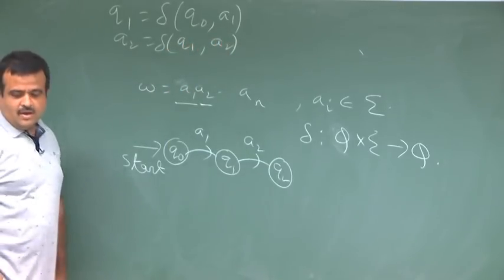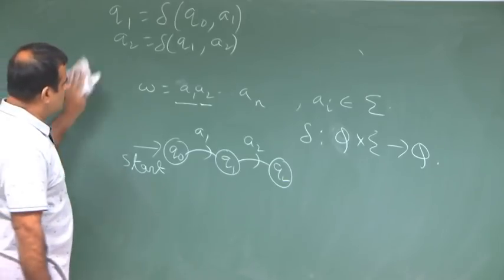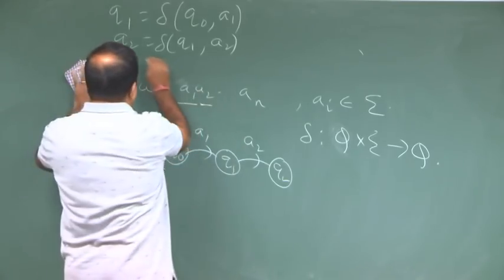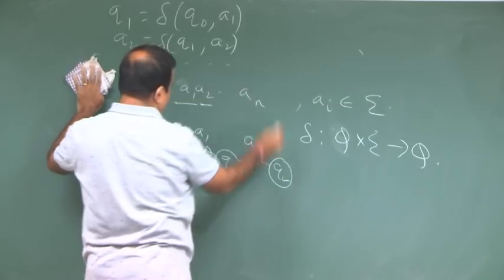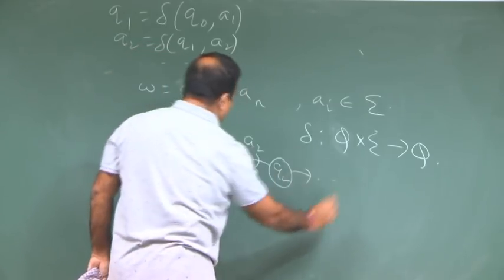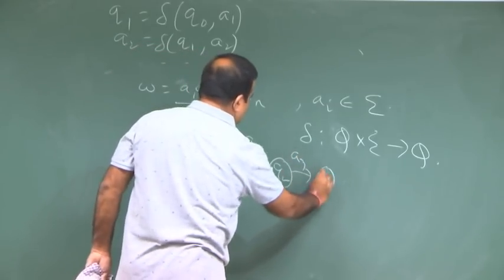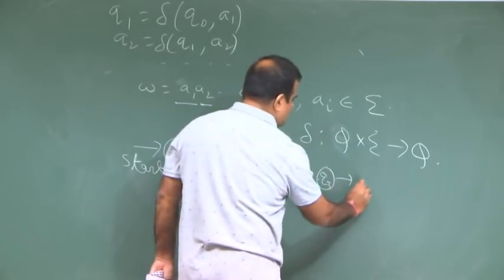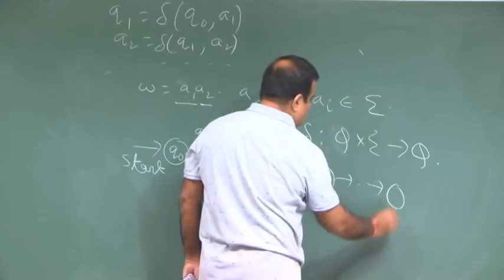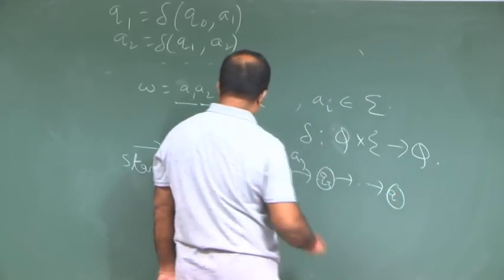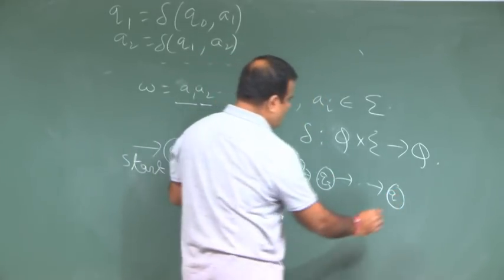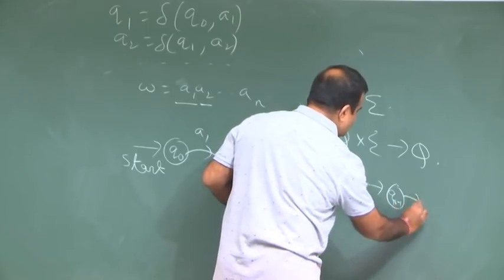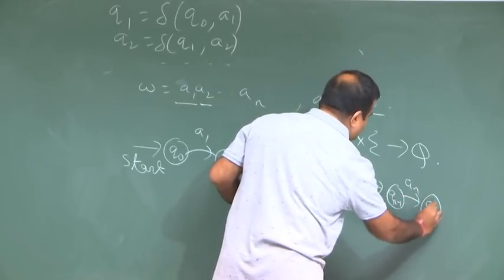This way we continue, dot dot dot. From q2 we read A3 and go to q3, like this. Finally, we are at q(n-1) and then we read An, and suppose it is going to qn.